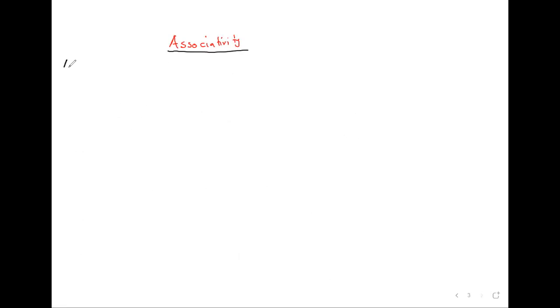So a binary operation star is associative if (a star b) star c is equal to a star (b star c).